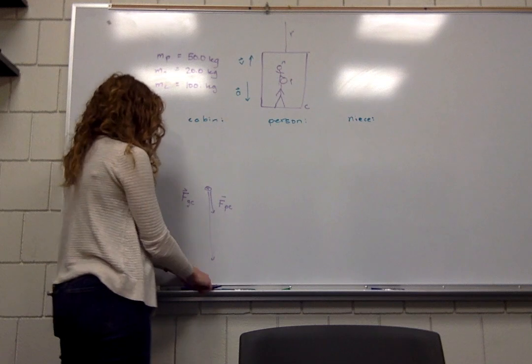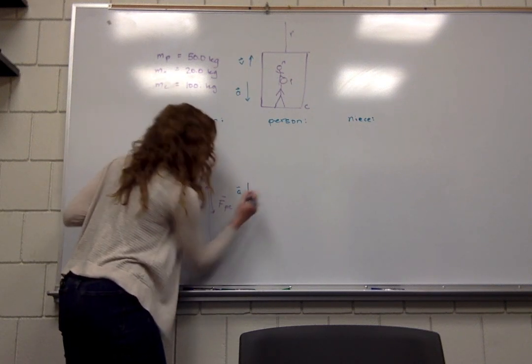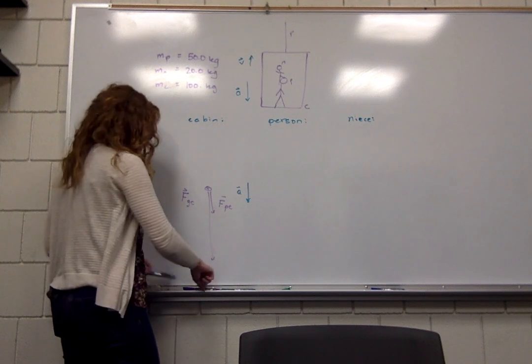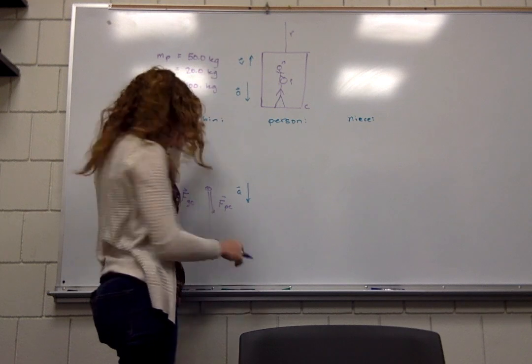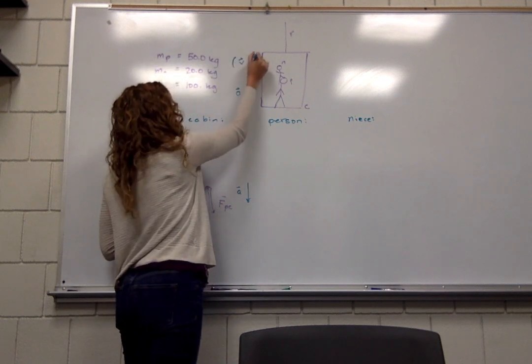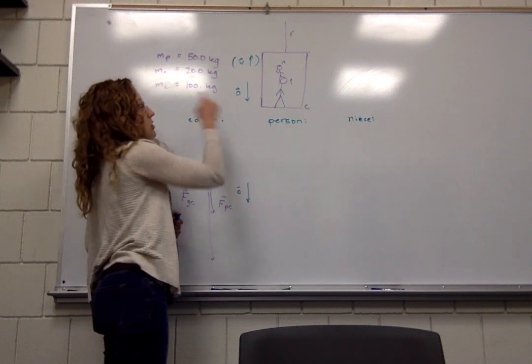The thing that we're going to look at here is that the acceleration is going to be down for the cabin. And actually the velocity doesn't matter at all, because with forces, all we really care about is the direction of the acceleration.